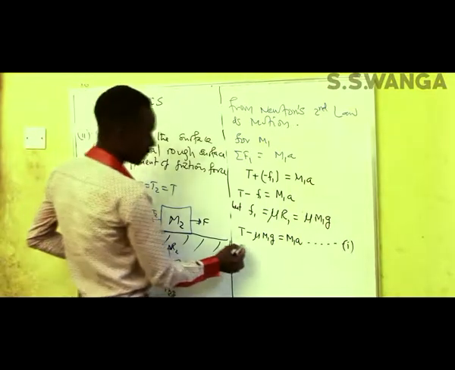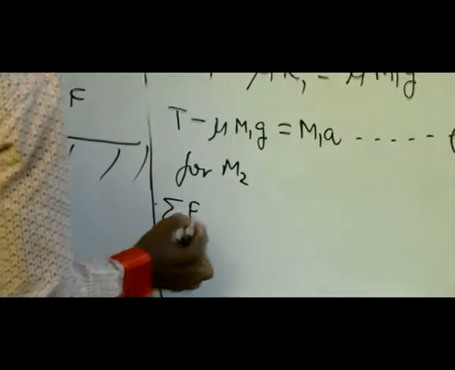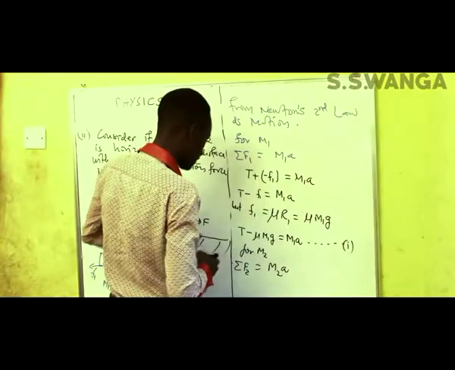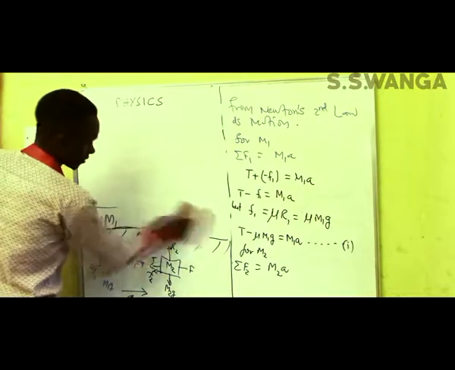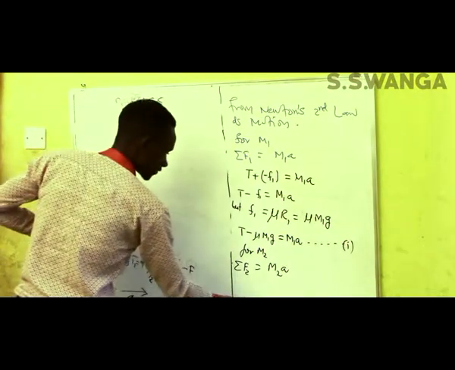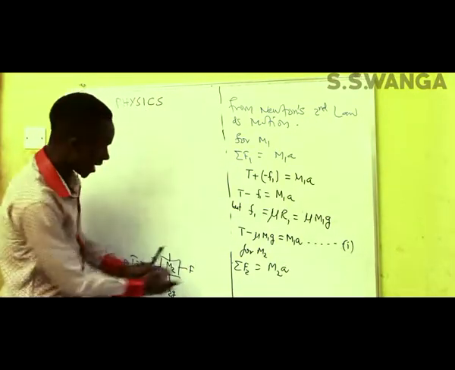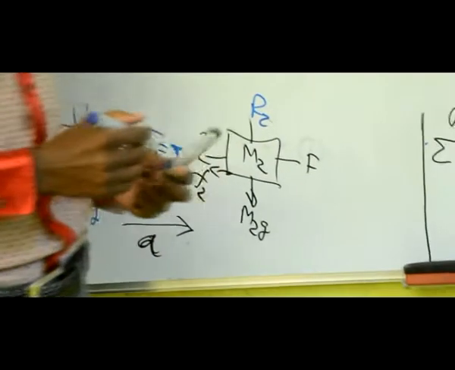Also, for mass 2, the net force on mass 2 is given by mass 2 times the acceleration of the system. However, the forces acting on mass 2 are F, the external force, friction force F2, and tension force. Also weight M2 times G, and the normal reaction R2.